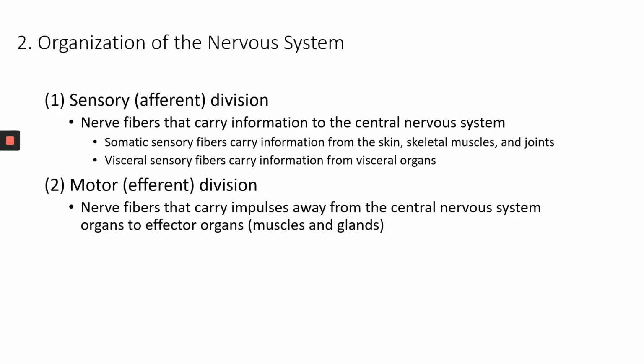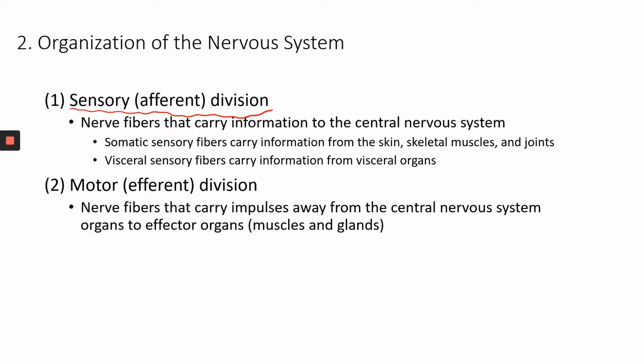So again, this is not really about the specific structures of the nervous system, but more about different divisions, different arms, different components. So we just mentioned information going into the CNS is called sensory input, right? So all the structures that are involved in sending that information toward the CNS are a part of the sensory or afferent division, right?